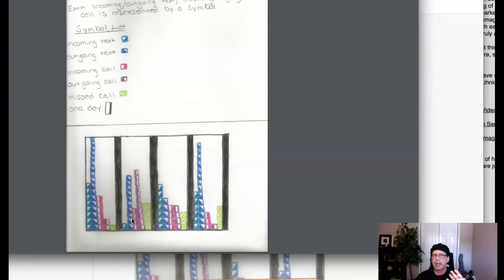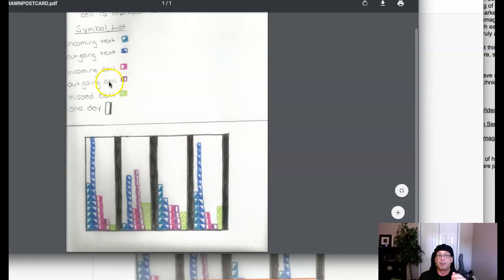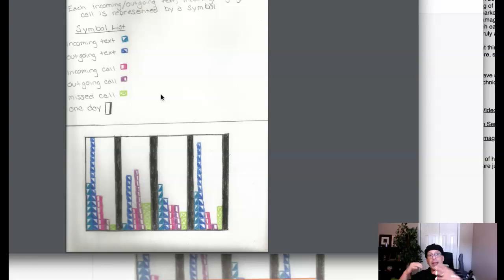Do you see what I'm saying? So I'm not real sure that missed calls is relevant to this data set. It's still delineated as whether it's an incoming call or an outgoing call. Again, a missed call is an incoming call, you just didn't happen to pick it up, right?